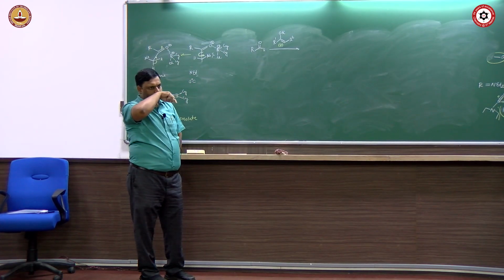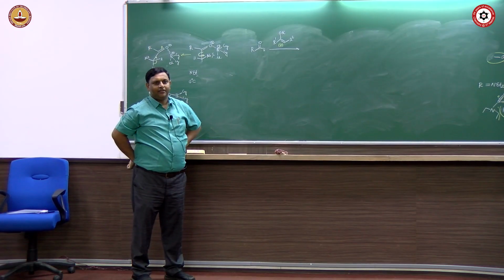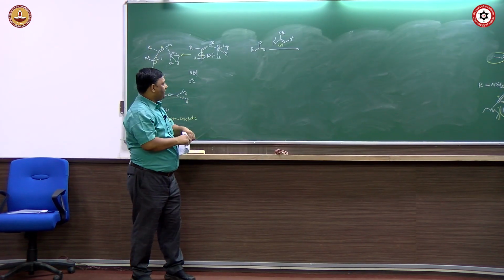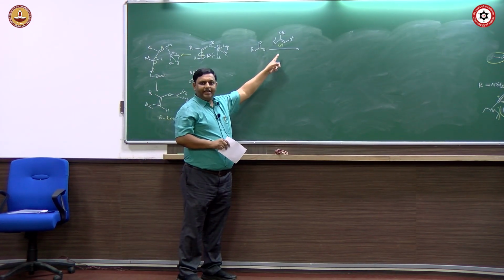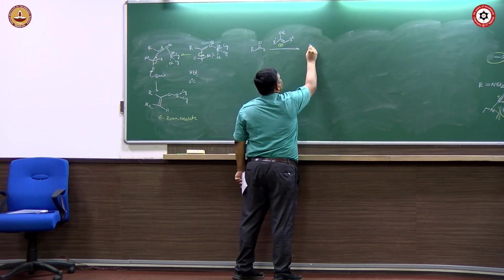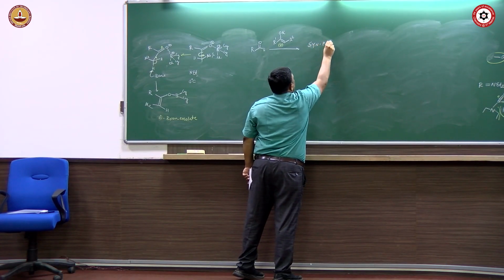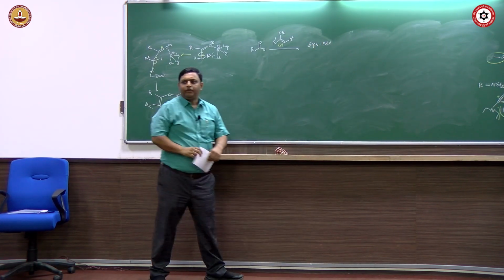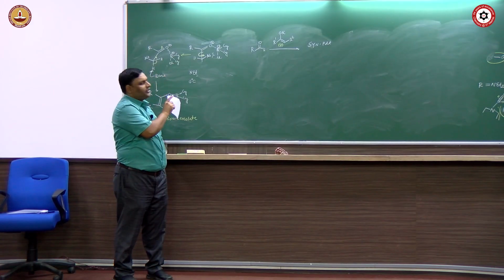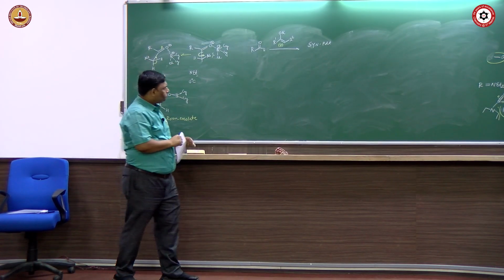Now we want to see which product is going to be formed from the Z. If you see your previous notebook, the Z enolate is supposed to give you the syn product. Now the question is, how do we predict it, or how does it come about? That we are going to see.